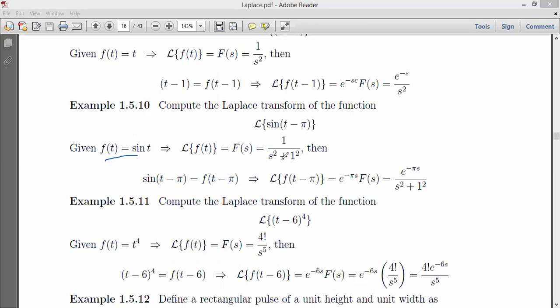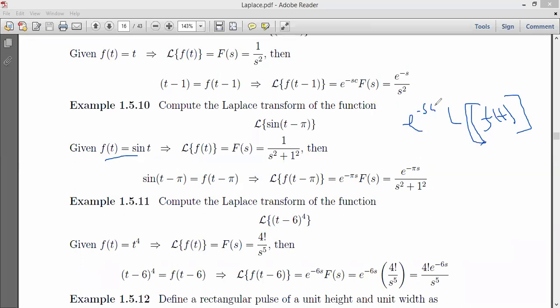And then from that, since we have this, we can now go back to this. We know that from our definition, it is e to the minus sc times the Laplace of f(t). These are the box brackets here.